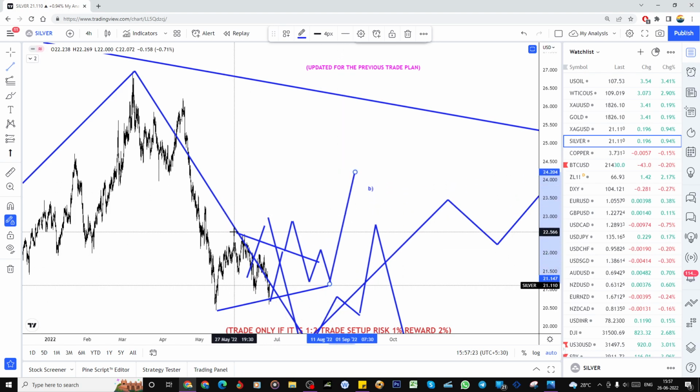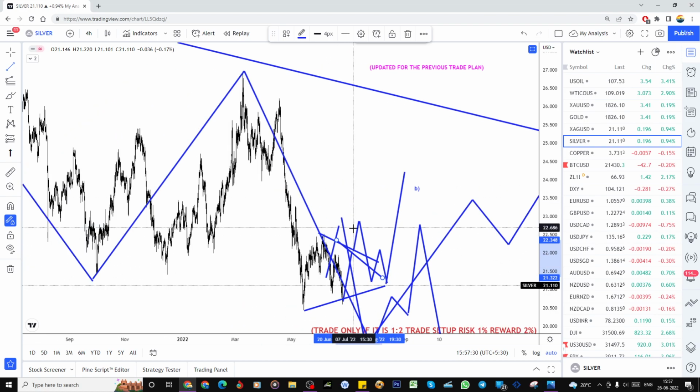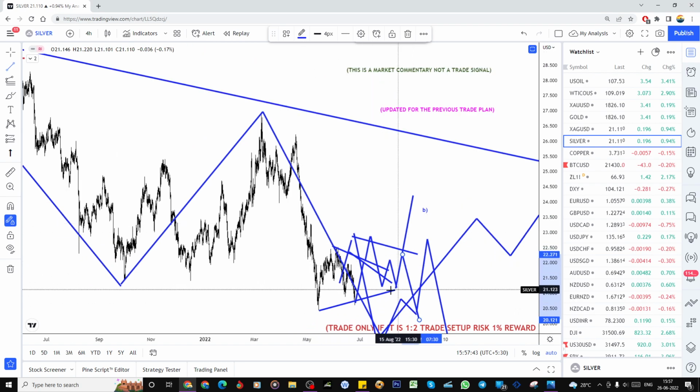So if it is A, B, C, D, E, and this whole thing becomes A, then B will be a triangle and C can go above this. If you are expecting this and you are on the buy side, the market is tricky and it will take from here. So the whole thing is A, B, C, D, E, and it will come to the downside. So here there will be a consolidation.